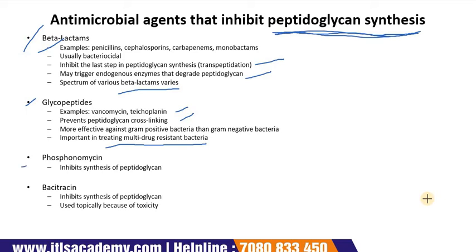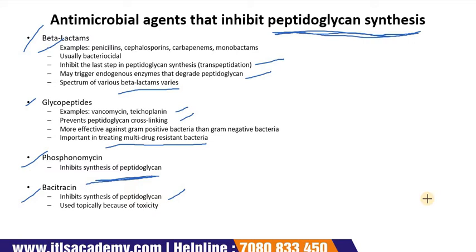Next is your phosphonomycin. It inhibits the synthesis of peptidoglycan. And the last one is your bacitracin. It again inhibits the synthesis of peptidoglycan and is used topically because of toxicity. So here we have discussed beta-lactam. Let me again remind you that it triggers the end stage of the peptidoglycan synthesis.